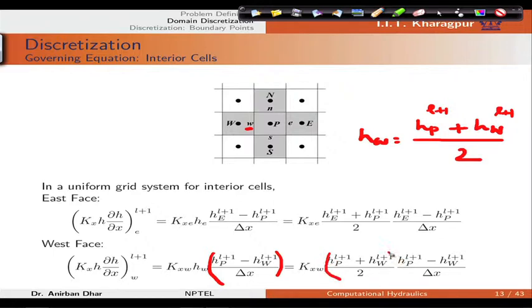So, this is the average value, this is the derivative. Now, we can write the east face and west face like this.